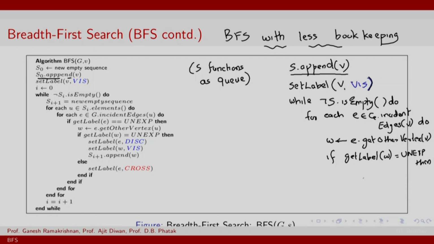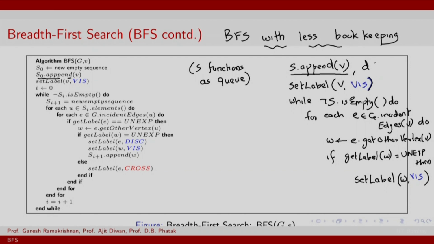Then I am going to set the label now. I won't bother much about edges, I will just set the label of W to that of a visited node. And what does that mean? It means I am going to add this node to the queue. So let us do that, but before I do that I am going to also update some arrays.